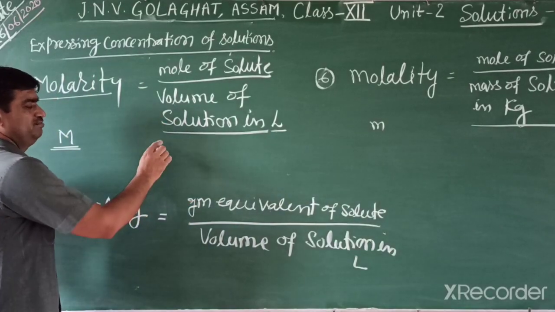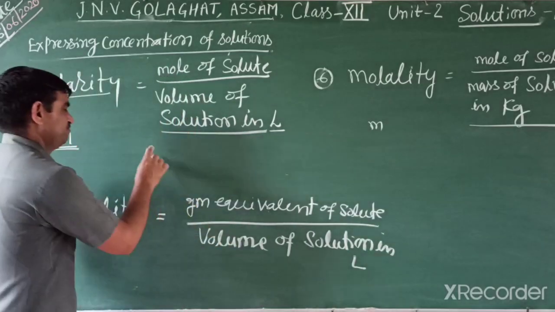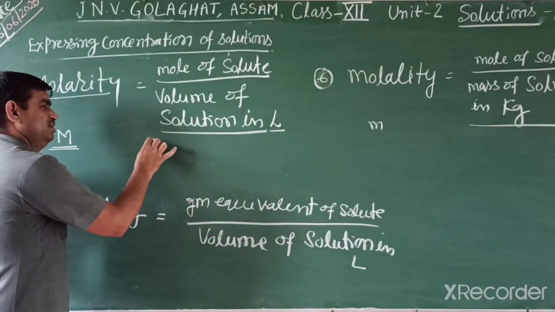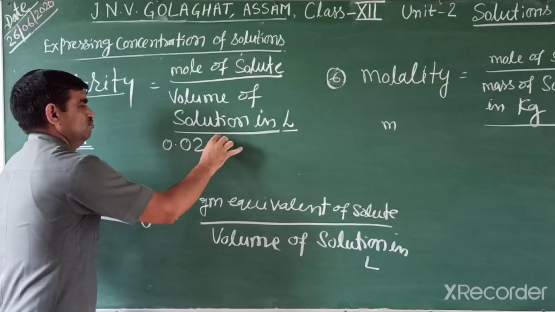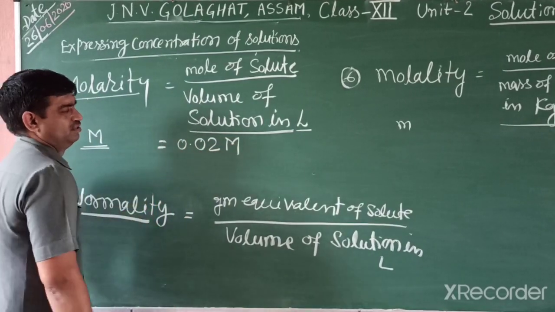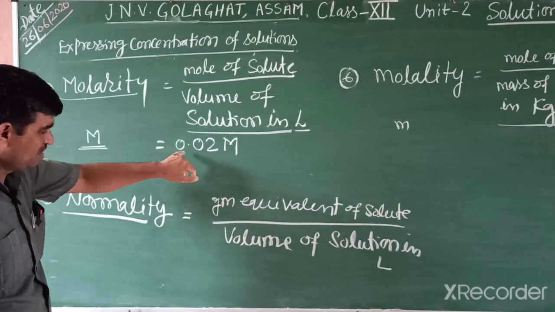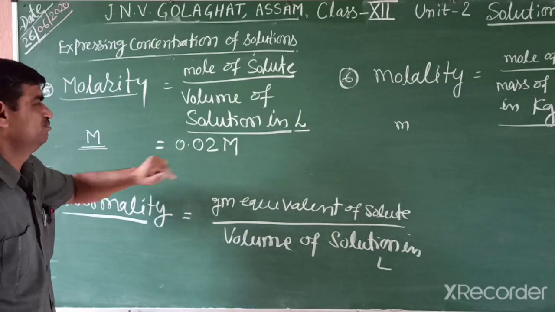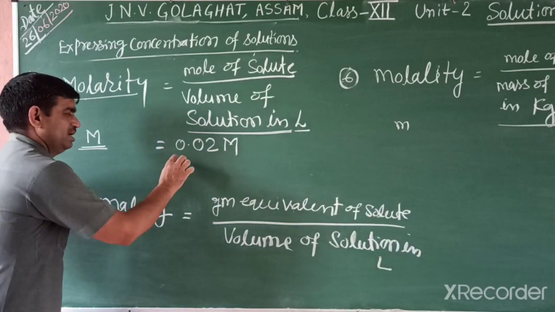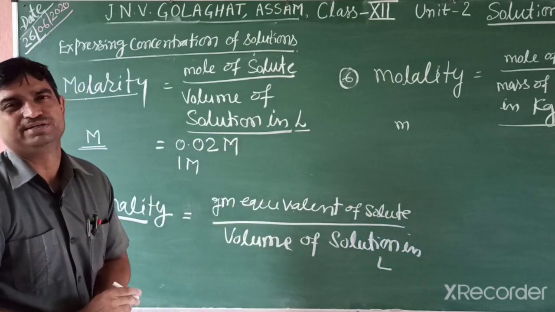For example, for a glucose solution the molarity is written as 0.02 mole, which indicates that the glucose solution has 0.02 mole dissolved in 1 liter. If a solution has 1 M, capital M, this indicates 1 mole in 1 liter.